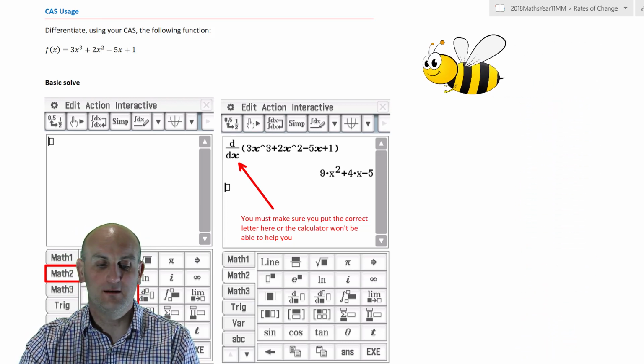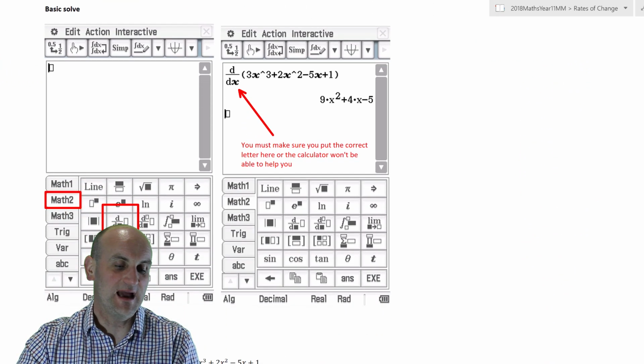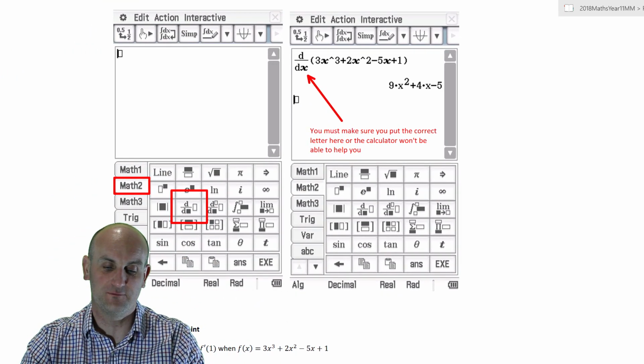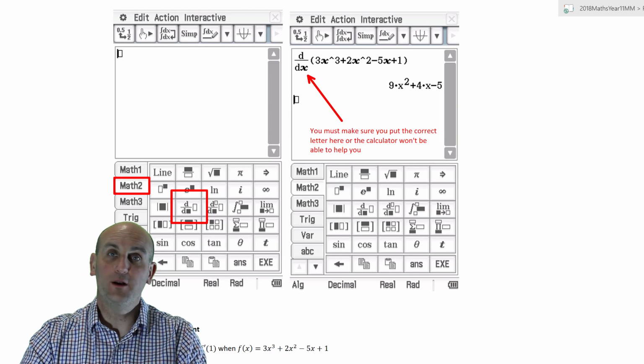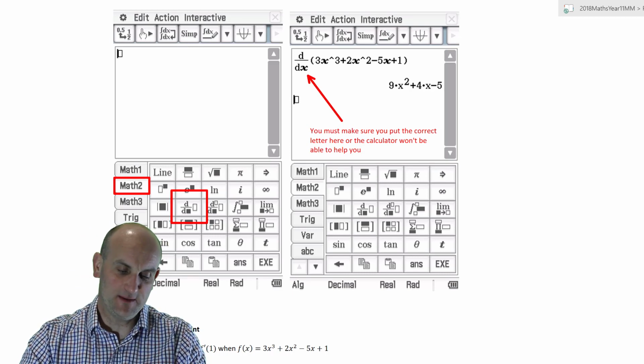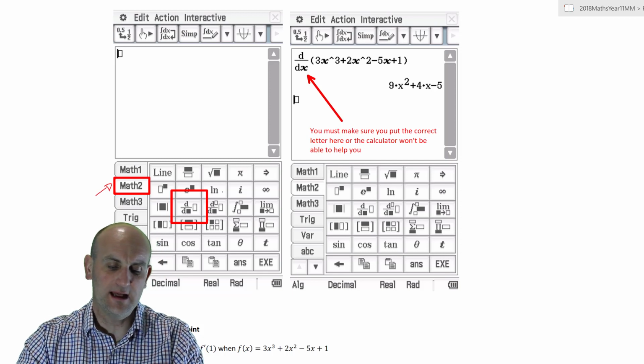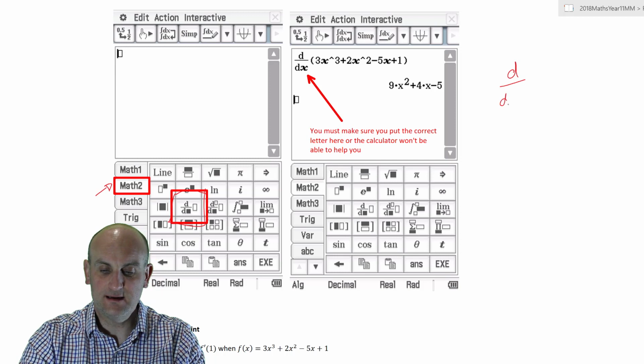All right, but the point of it is, using a CAS is great. So this is for the Casio ClassPad, which I think is just an awesome piece of machinery. If I want to do this on my Casio ClassPad, the first thing I do is hit Math 2, and I go to that little box here in red, which has the d by d and a coloured-in square and an open square.